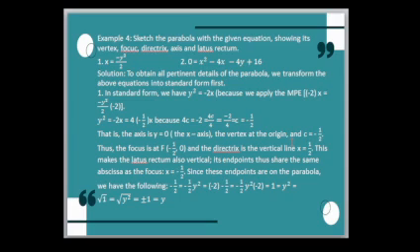Since these endpoints are on the parabola, we have the following: -1/2 is equal to -1/2 y squared. So we will multiply both sides by -2. -2 times -1/2 is +1, and -1/2 y squared times -2 is positive y squared.